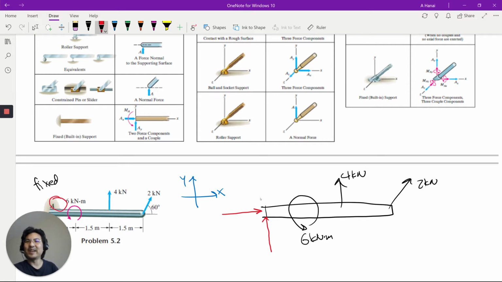This is point A, so I'll call them A_x, the x component, and A_y, the y component. So there's a two-dimensional reaction force that I already decomposed. And there's a couple here, M, the moment due to a couple at point A. So there we go, we've got our free body diagram.